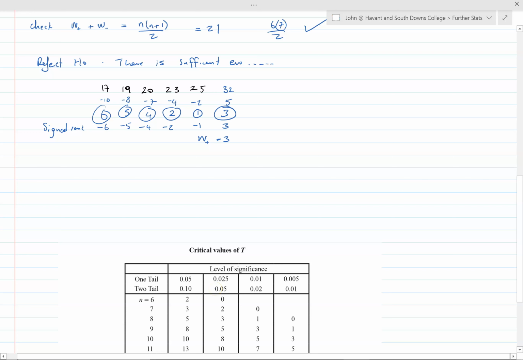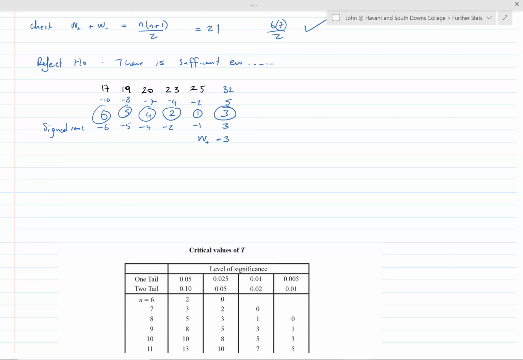Put another way, what would we do if we didn't have the tables? Of course we could use a normal distribution approximation, but that only gets better when n gets larger anyway. So what would we do if we didn't have these tables, and where do these numbers come from?